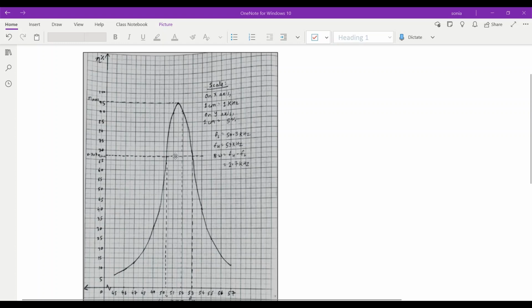The first point gives FL, which comes approximately at 50.3 kilohertz, and the second point gives FH, which comes out approximately 53 kilohertz. Bandwidth is FH minus FL, so it is coming out approximately 2.7 kilohertz. So in this way you can find out the spectral bandwidth also.